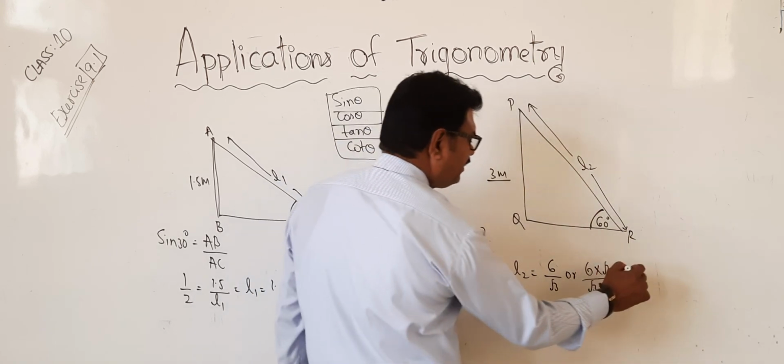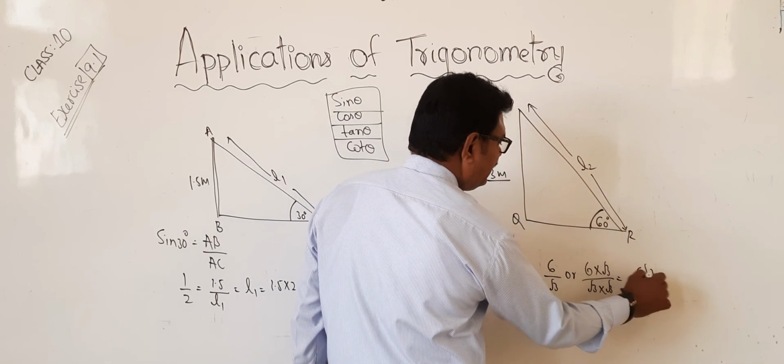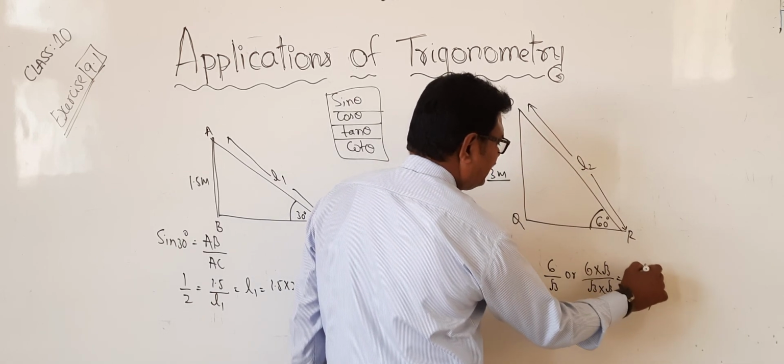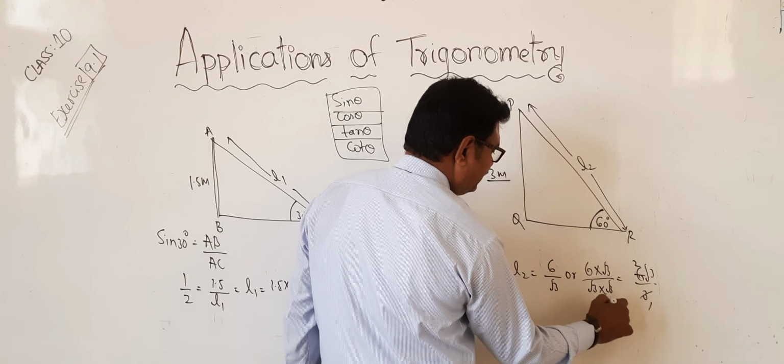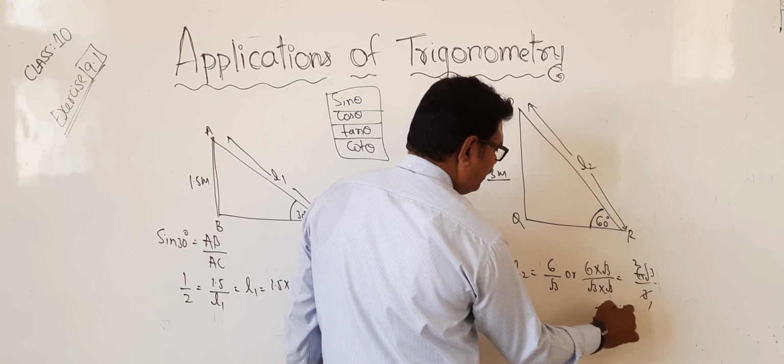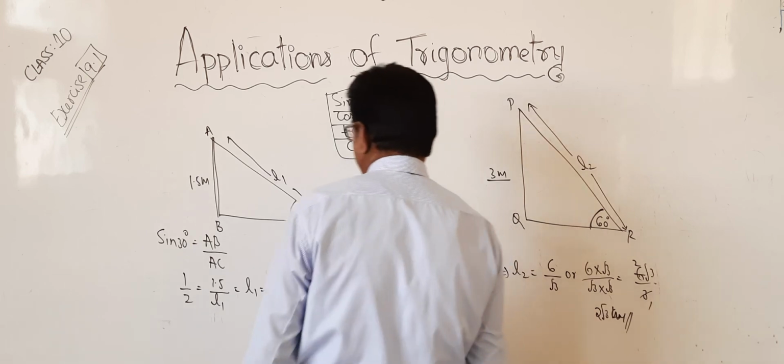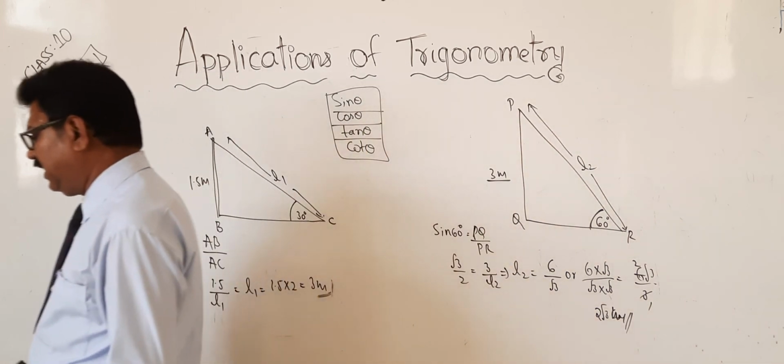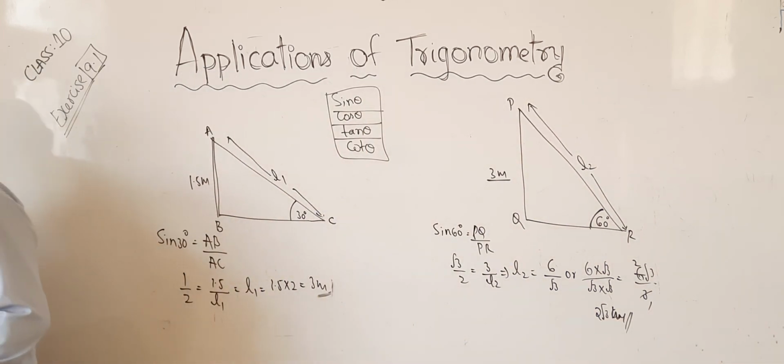It is nothing but 6 root 3 divided by 3. 3 1s are 3, 3 2s are 6. Therefore, it is nothing but 2 root 3 meters. Okay? The first one is 3 meters and the second one is 2 root 3 meters. Please take down.